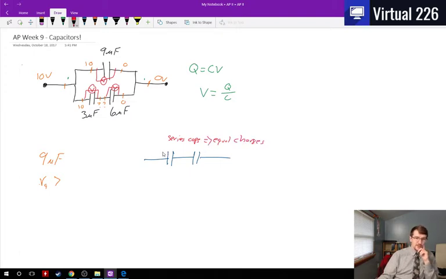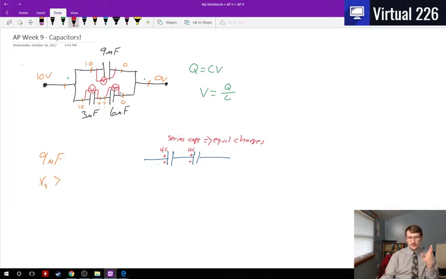So if this has a charge here of, I don't know, 4 coulombs, this also has a charge of 4 coulombs. You just can't get away from it. That's just the way they charge up. For every charge you get here, you instantaneously get one here. Because they charge simultaneously, generally speaking, they have the same charge, okay?